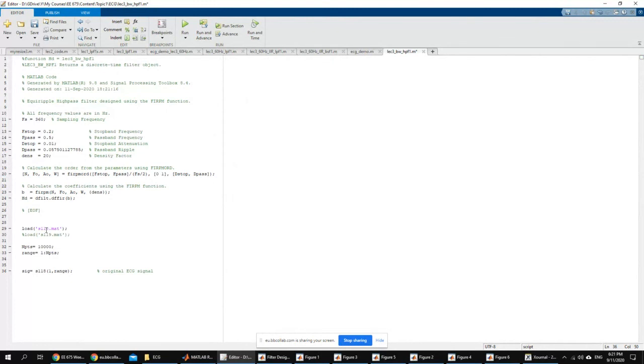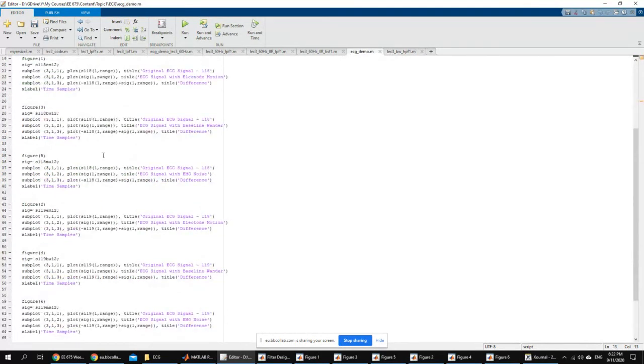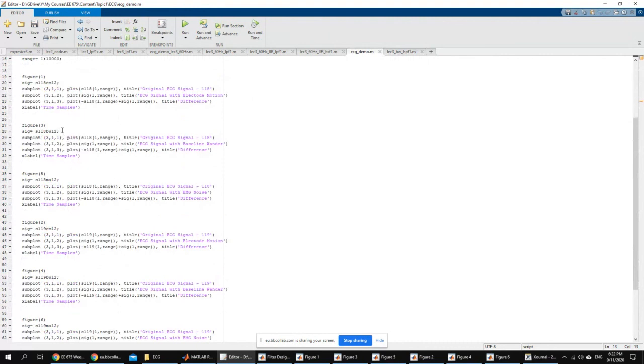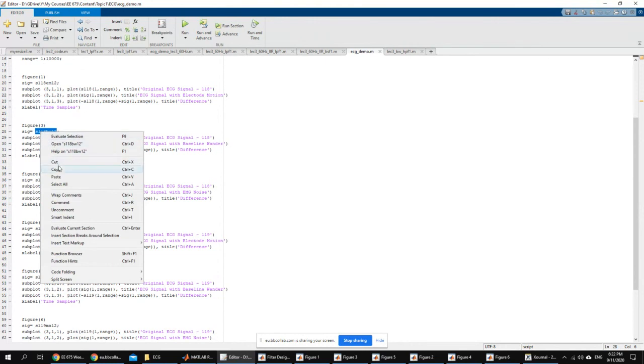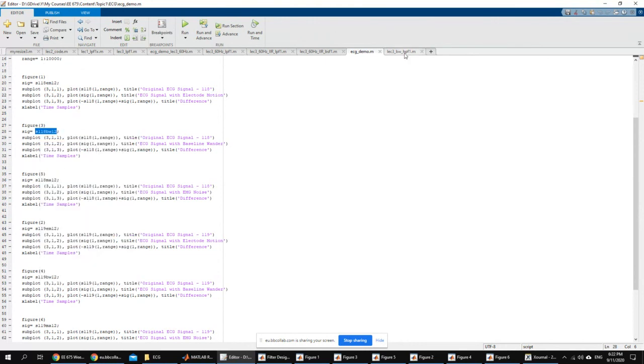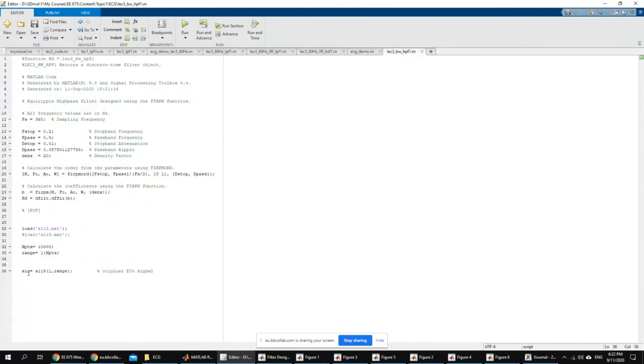If you look at the ECG demo, the one with the baseline wander, which is 3 here, it's called baseline wander 12. It's 118, baseline wander 12. So I'm just going to get that and make the signal equal to that.